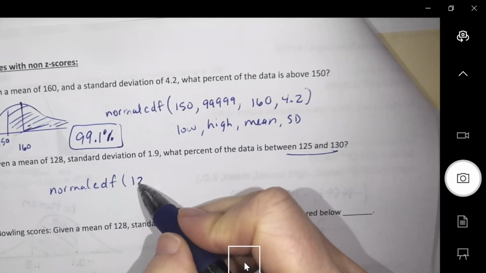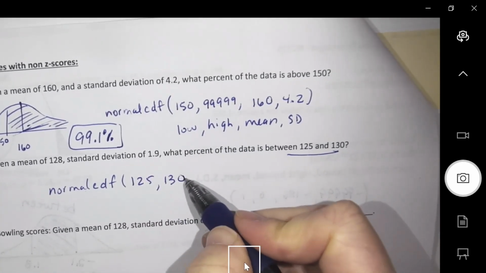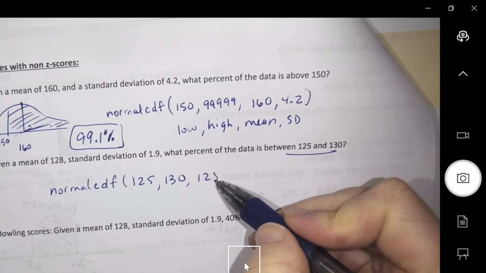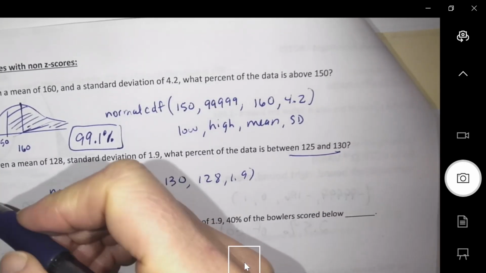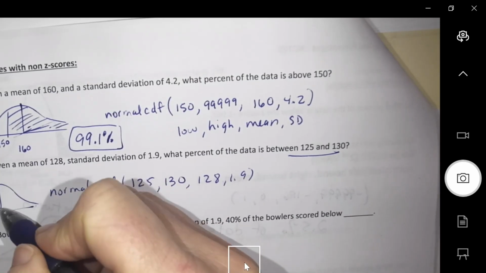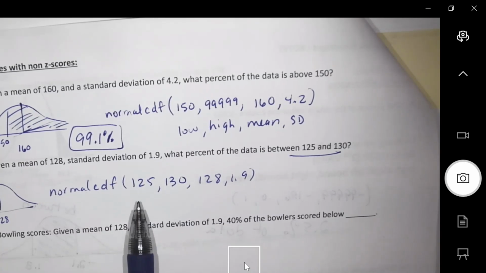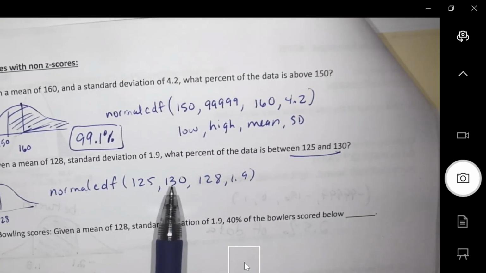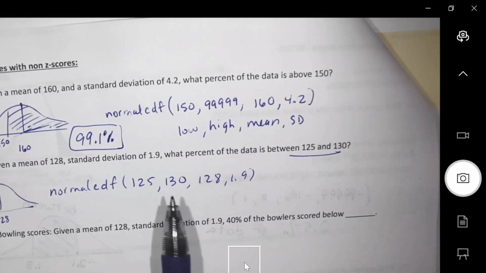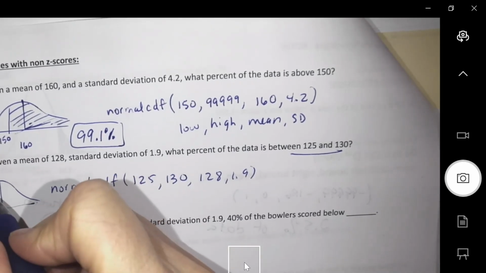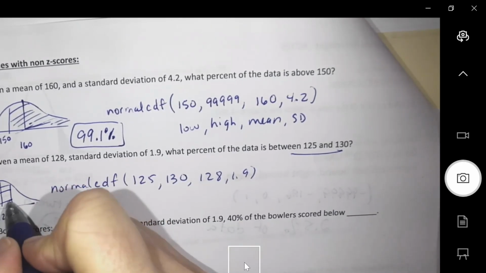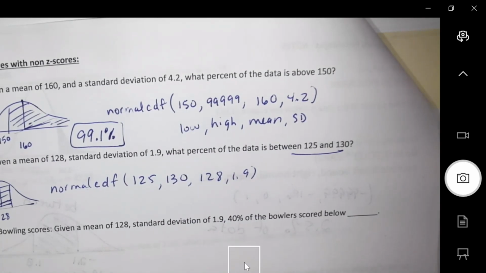So I'm going to go from 125 to 130 with a mean and a standard deviation. You either get given something below, something above, or something between. So you're either using two numbers, or somewhere you're putting a negative 999 or a positive 999. Visually, that's what it's representing.